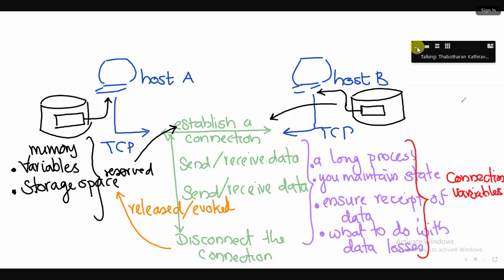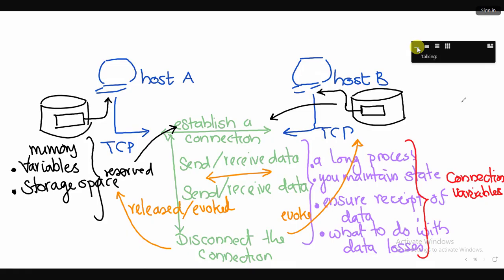You establish the connection first with the other side. Then you send and receive data back and forth. At a certain point, either party decides there is no need for data transfer, so they agree to disconnect and release the resources allocated for this particular connection.